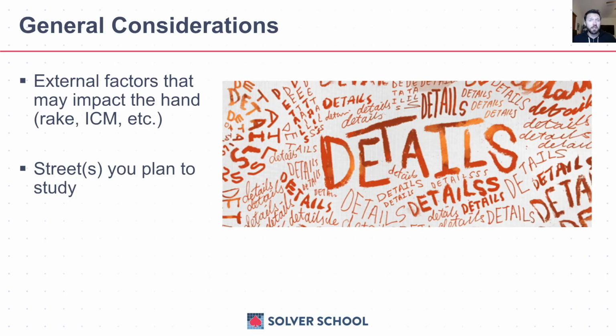The streets that we plan to study. Entering our boards, I tend to like to start on the actual street that I plan to study, as opposed to starting on a flop and then working my way all the way to turns and rivers. It's kind of semantics here, but what you'll find is when you start from flops, and if you're trying to study a turn spot and you work your way all the way to turns, you are taking equilibrium ranges.